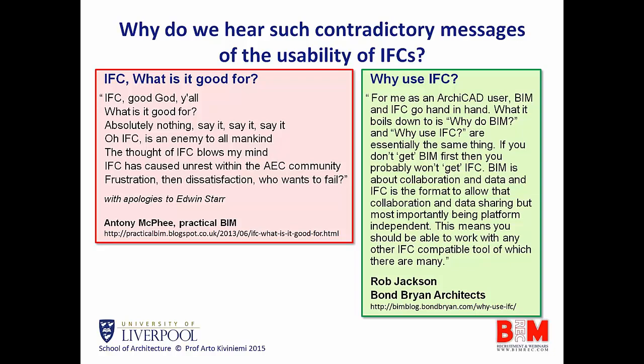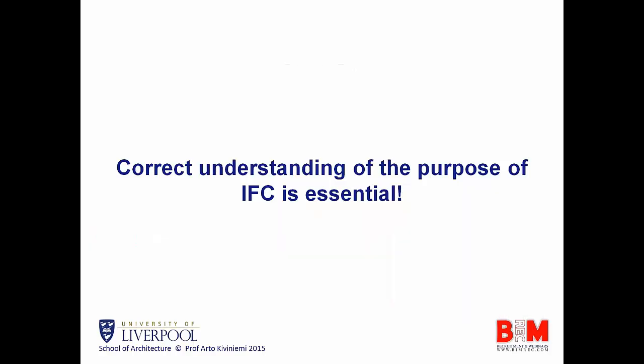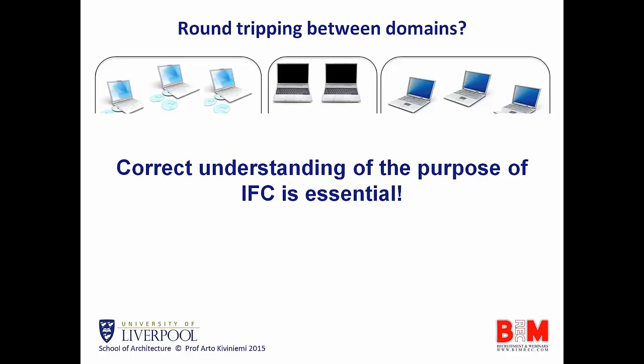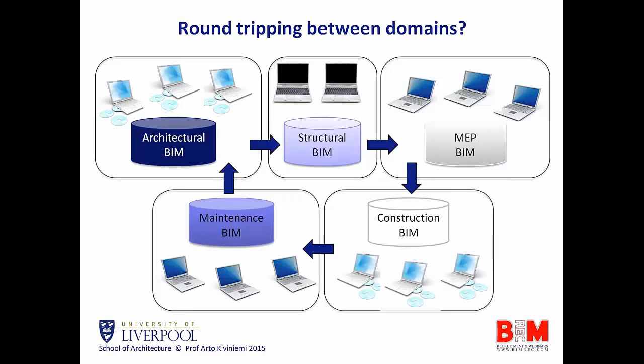I think that one of the reasons was that earlier, not so much today, the understanding of the IFC was that it should be supporting so-called round tripping, which means that you should be able to take the architectural model to the structural engineering model, take the combined model to the MEP and give that to the construction, and then you could take that back to the architectural software and nothing would have disappeared.